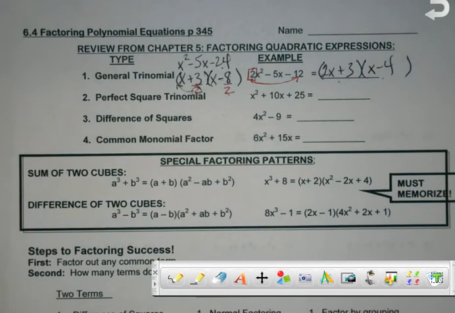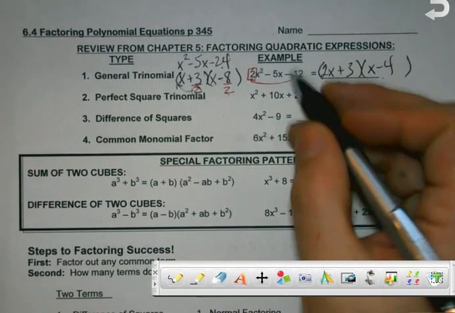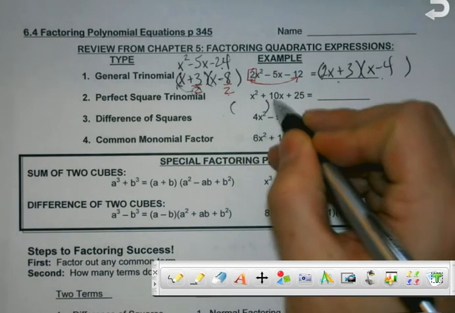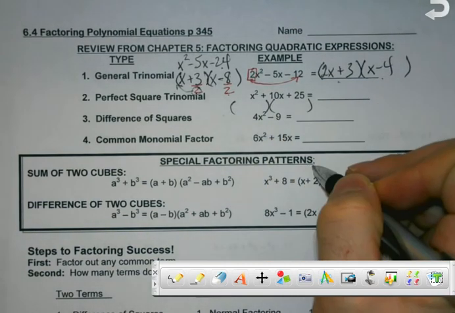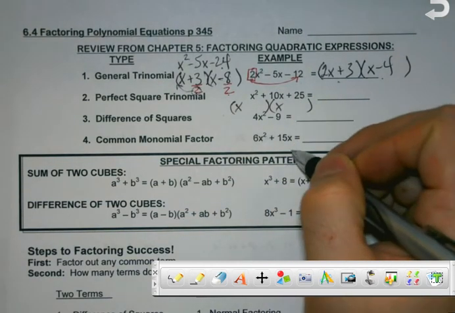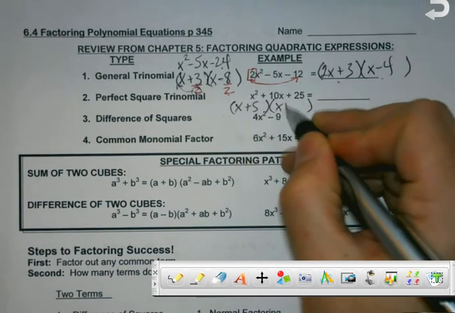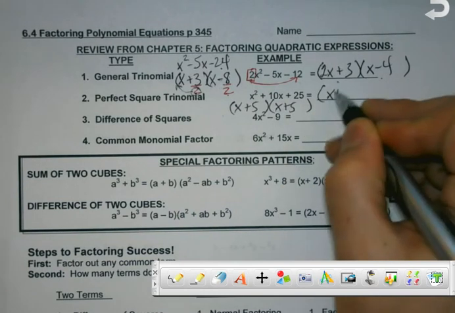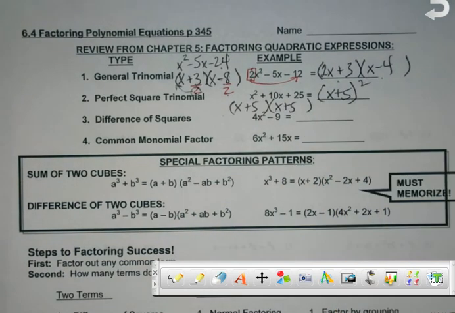Number 2, again, depends on how you look at it. Some of you may look at this and say, okay, I'd do that like I did a diamond before. So what multiplies to 25 and adds to 10? 5 and 5, otherwise known as x plus 5 quantity squared.